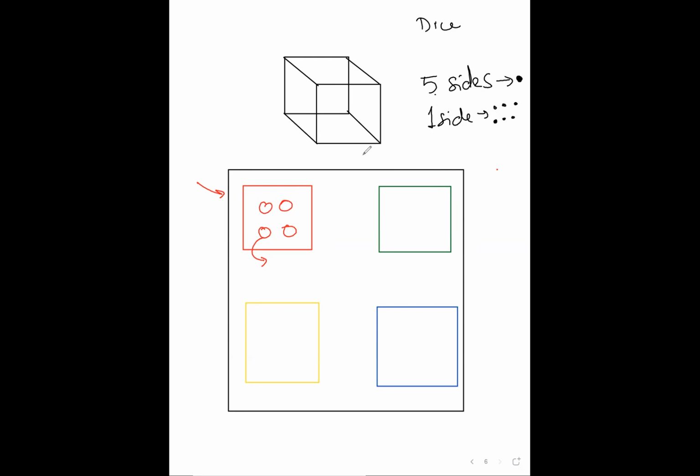The way we play it, your pawns can't come out until you get a 6. So if you roll the die and you get a 6, then one of them comes out. If you get 2 sixes, then 2 of them will come out. So you get a 6, then the pawn is basically free. After that, if you get a 1 or 2 or whatever number, then they can move. That's how we play it over here.